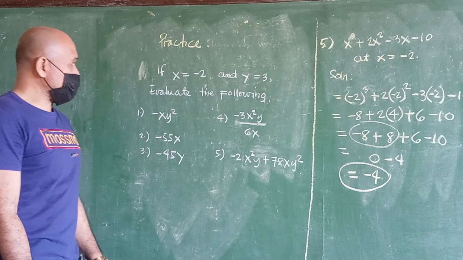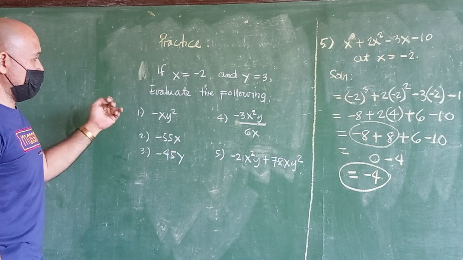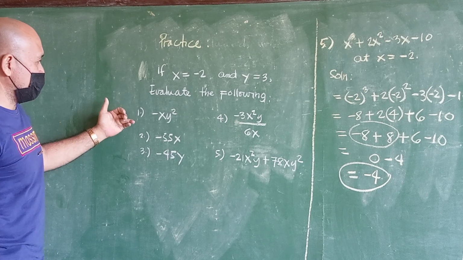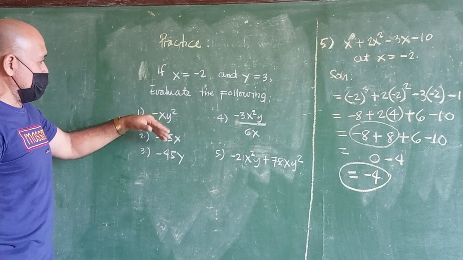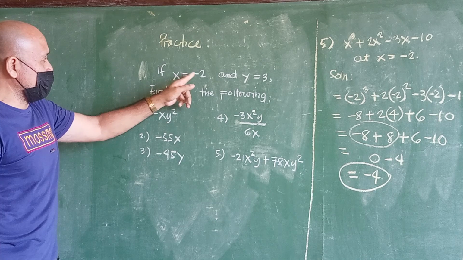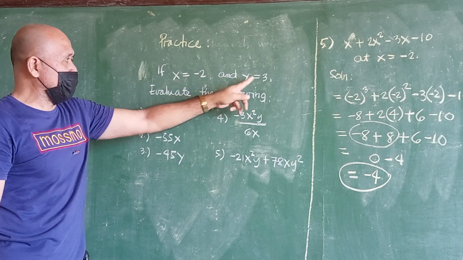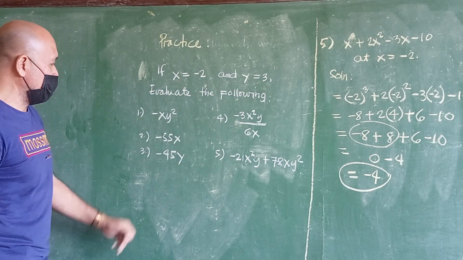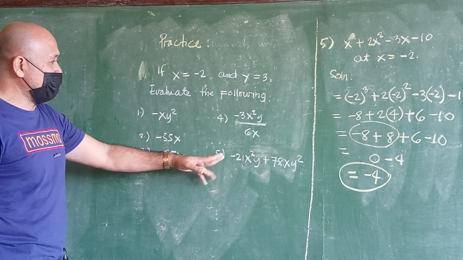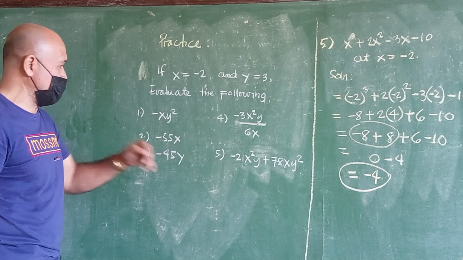So for you to be clarified, this is the instruction for you to practice. If x is equal to negative 2 and y is equal to positive 3, you are going to evaluate the following algebraic expressions.